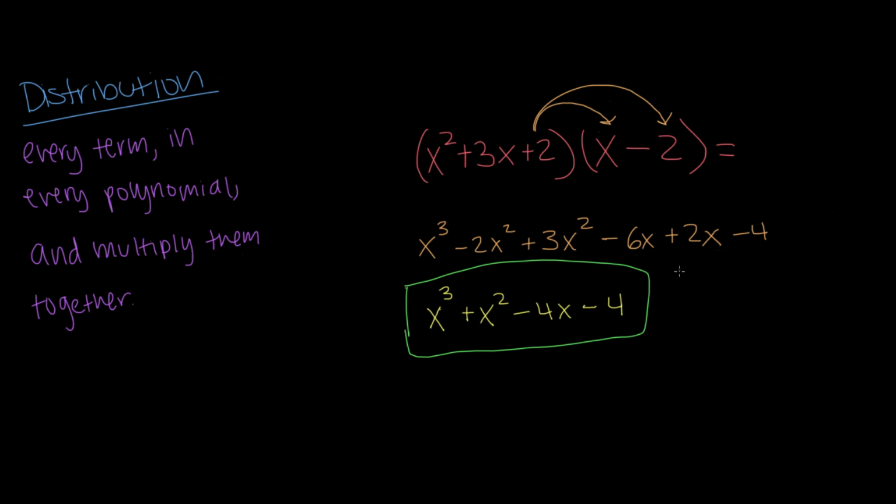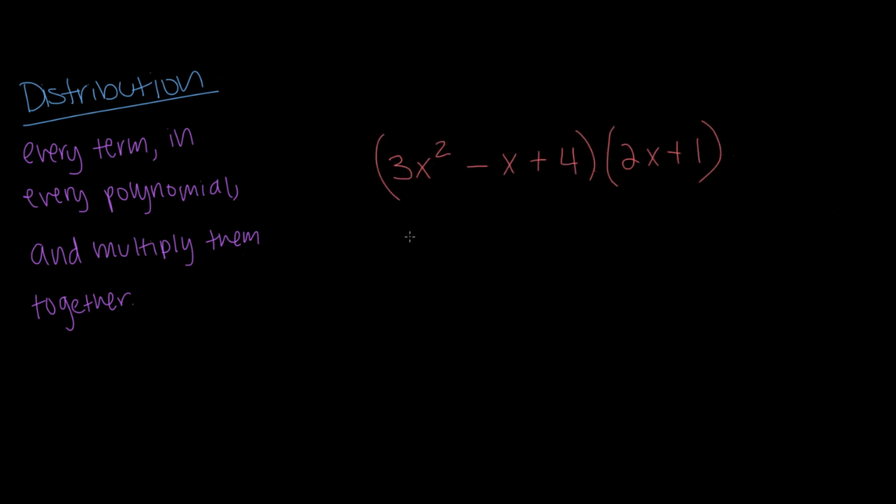So let's move on to our next problem. So our next one says 3x squared minus x plus 4 times 2x plus 1. So again, we're going to use distribution to multiply these together. So remember, we take our first term and we draw our arrows from the first term to every term in our second polynomial to keep our thoughts organized and to know what we need to multiply the term by.